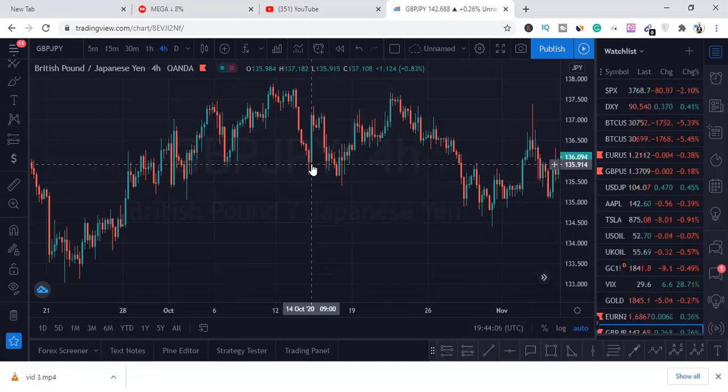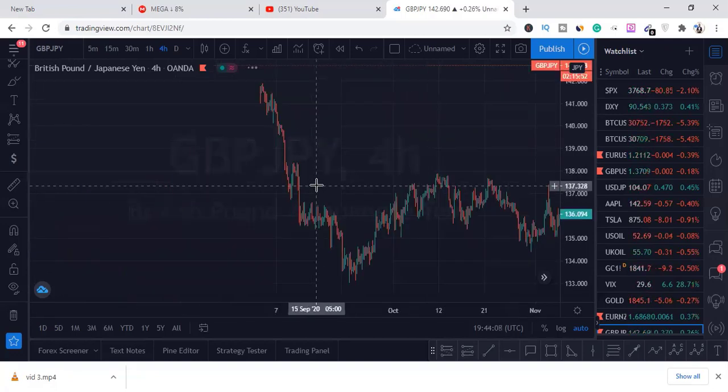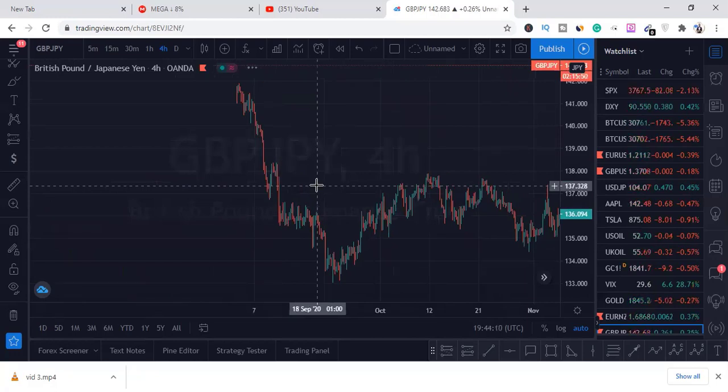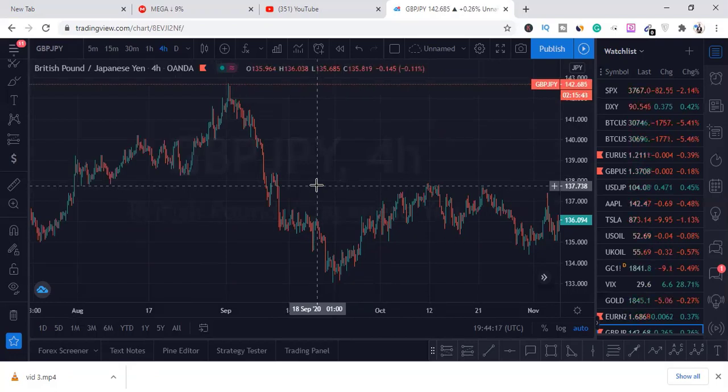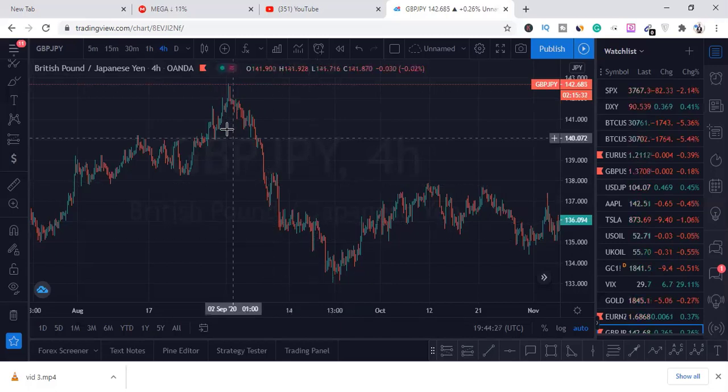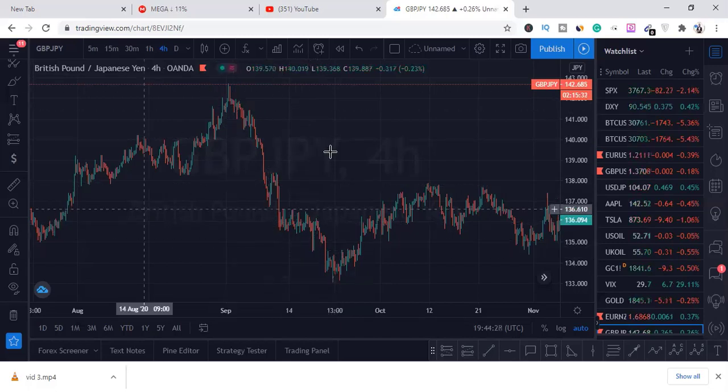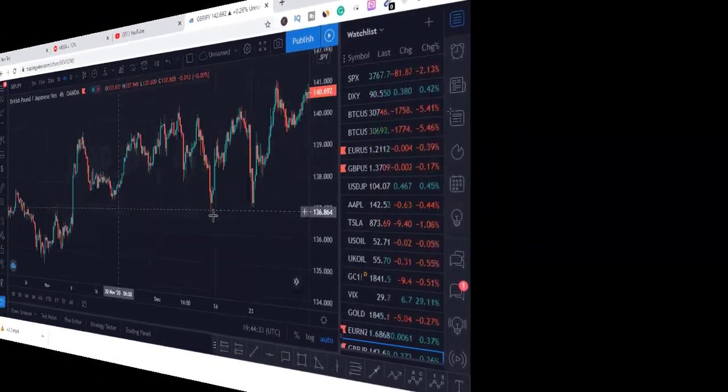Now, what it means is the consistent movement of order blocks, either from the downtrend or from the uptrend, bullish or bearish. So that's what's called institutional order flow.